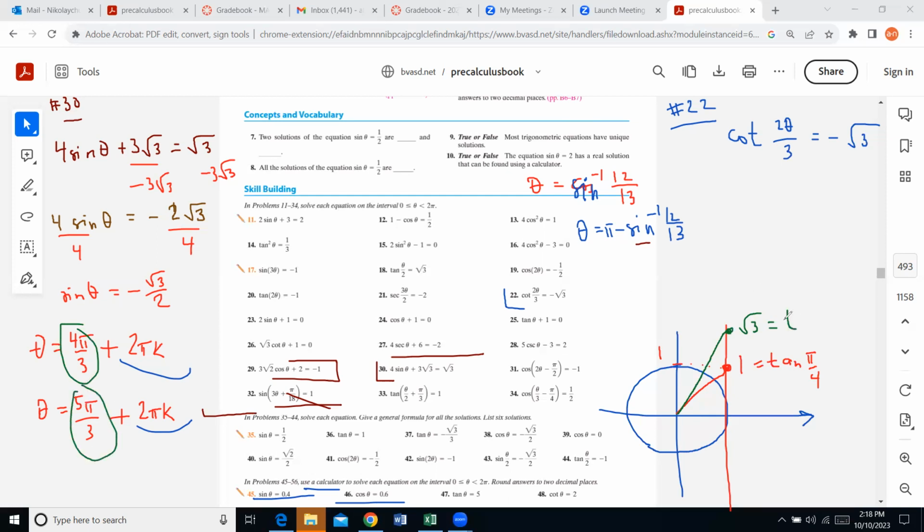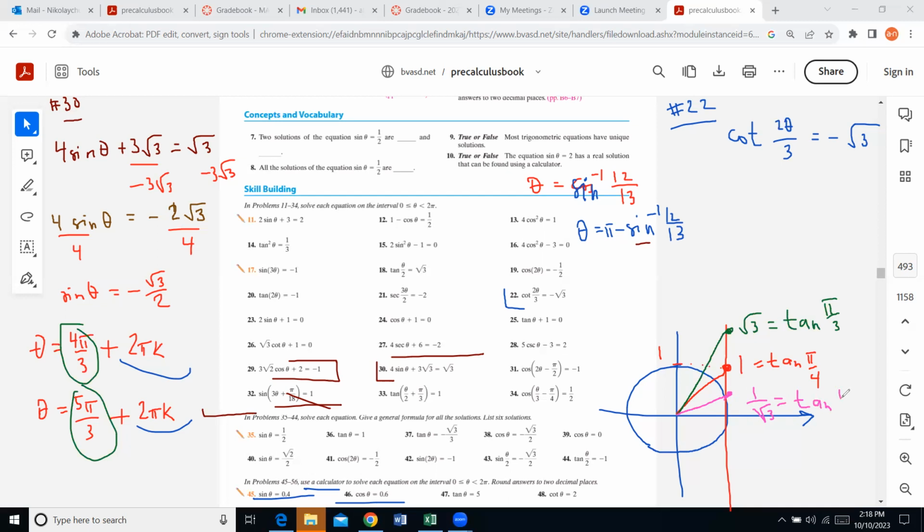So it's a tangent of square root of 3. Actually, tangent of 60 degrees or pi over 3. And one more important value is 1 over square root 3, a reciprocal of that. And that one corresponds to tangent of pi over 6.